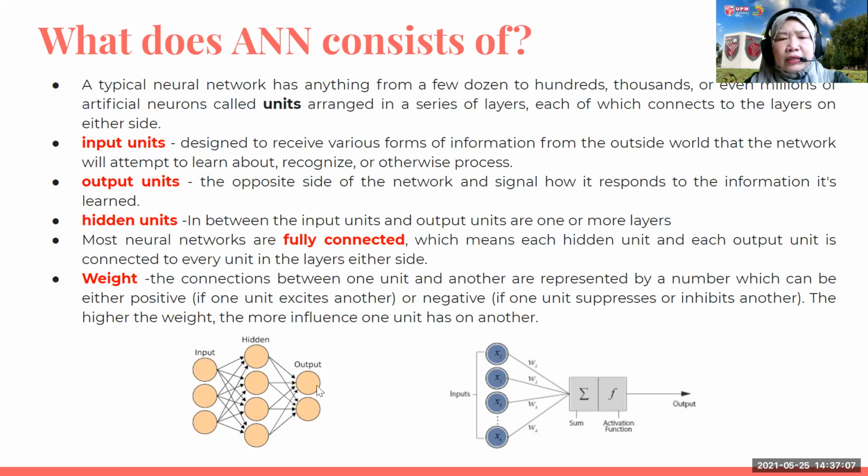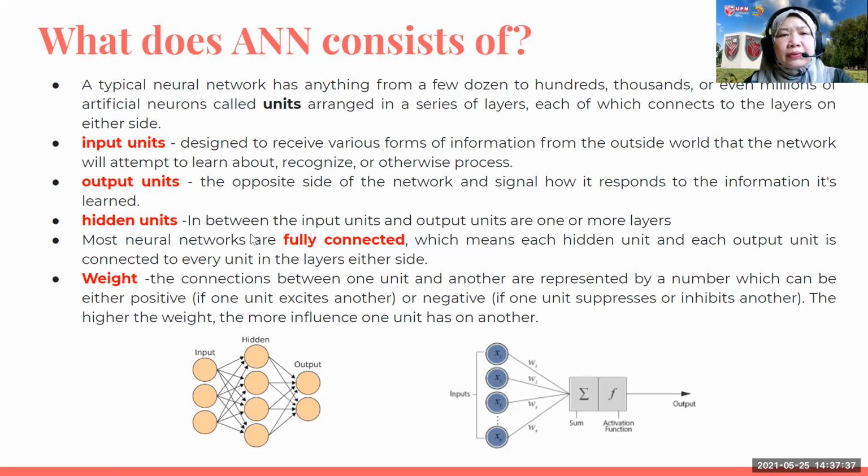If your output is between class A and class B, you will have two nodes here. If your output is only one, you will have a single node. If you want to classify handwritten numbers, you will have 0 until 9, so 10 nodes for the output.